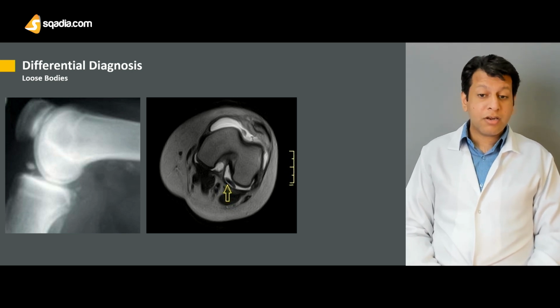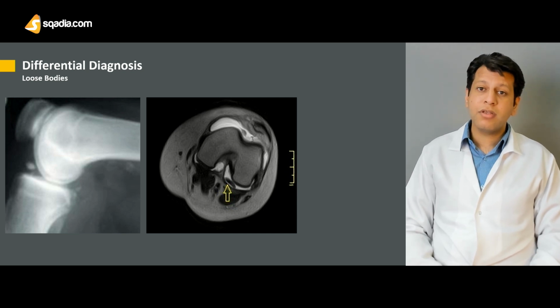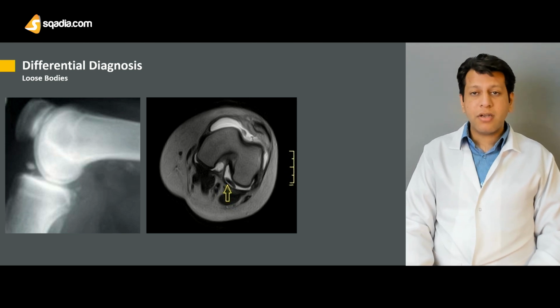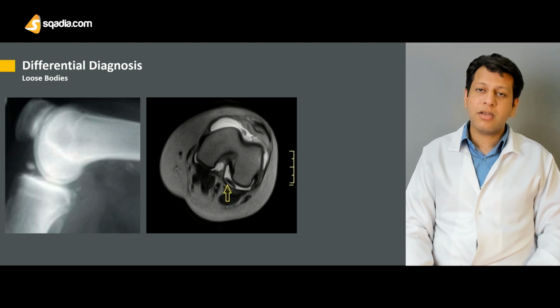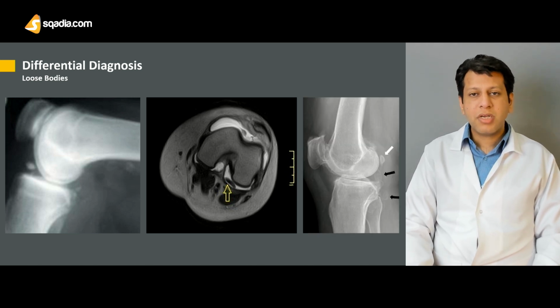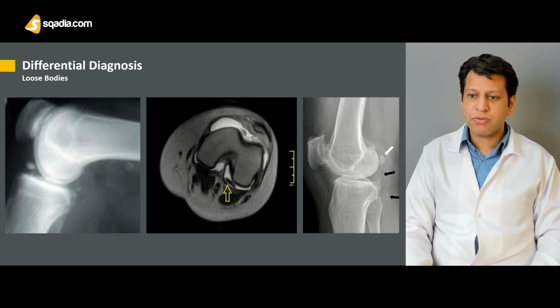On X-ray or even on an MRI, sometimes it's very difficult to differentiate synovial chondromatosis from loose bodies as well. But at times when you dig in deep during history and examination, you are able to differentiate synovial chondromatosis from presence of loose bodies in the joint. And sometimes actually the loose bodies occur as a complication of synovial chondromatosis.